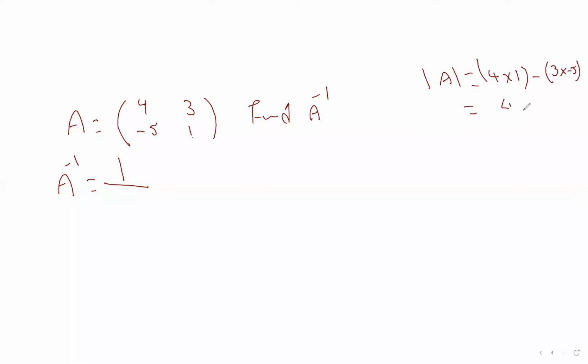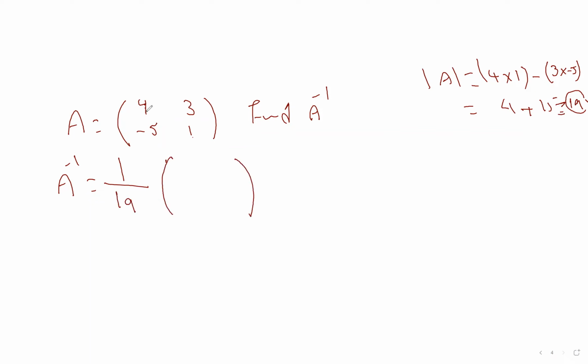Okay, يعني 4 plus 15 equals 19. Okay, مفهوم كده؟ يبقى 1 over 19 times the transpose of A.